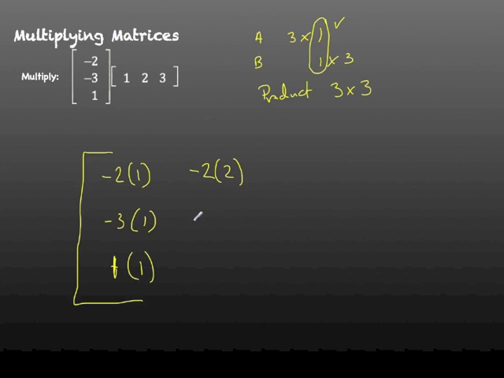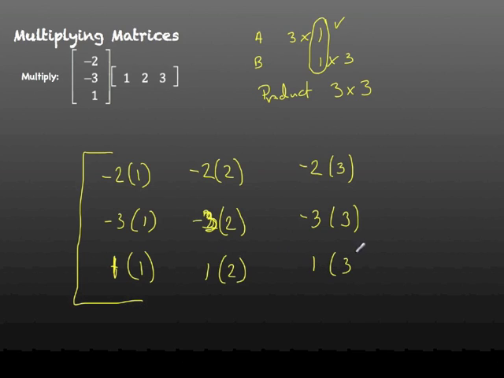Second row times second column, -3 times 2. And then third row, second column, 1 times 2. And finally, first row times the third column, second row times the third column, and third row times the third column.